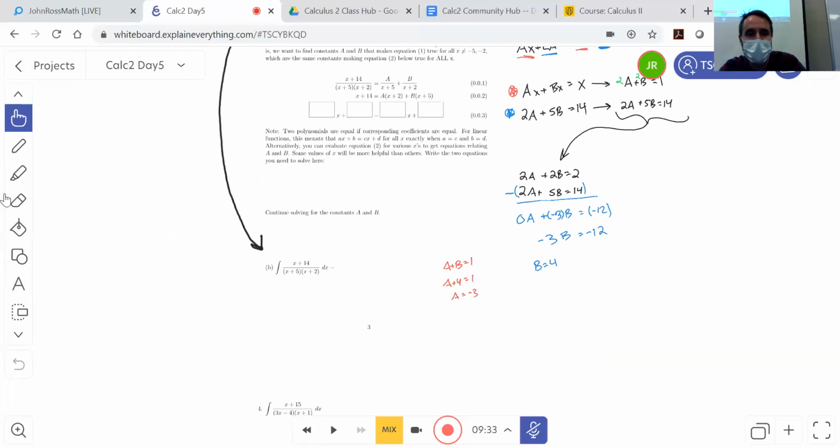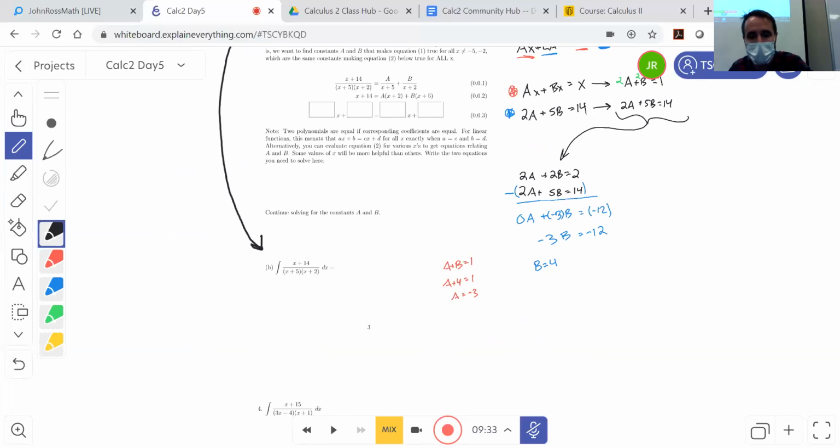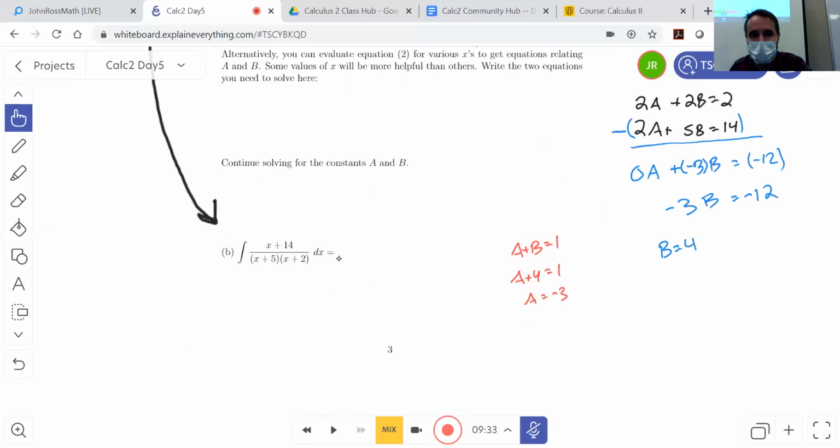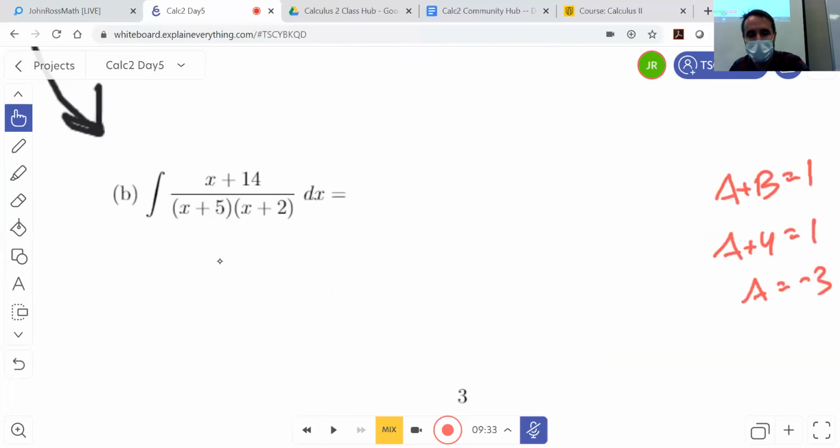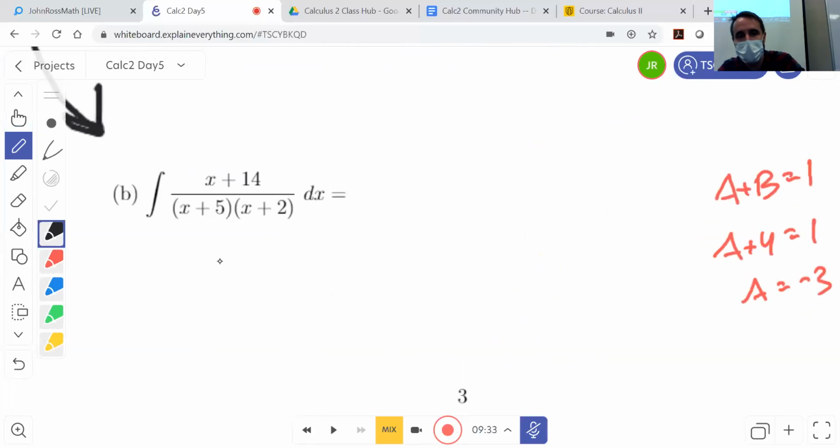And now we know that a is equal to negative 3. So let me zoom way in here. Right, we know this is now negative 3 over x plus 5 plus b over x plus 2. And b we just said is equal to 4.